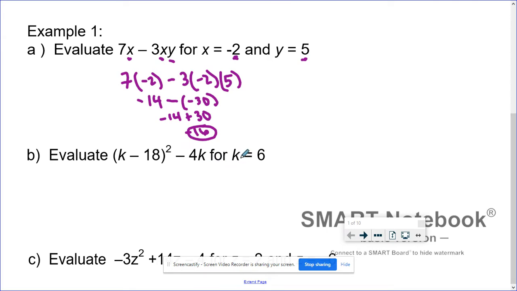So then we look at this one. Same deal. We're substituting 6 in for k in the expression. Only one variable this time. So it would be 6 minus 18 squared minus 4 times 6. The order of operations would have you do inside parentheses first, so that would be -12.